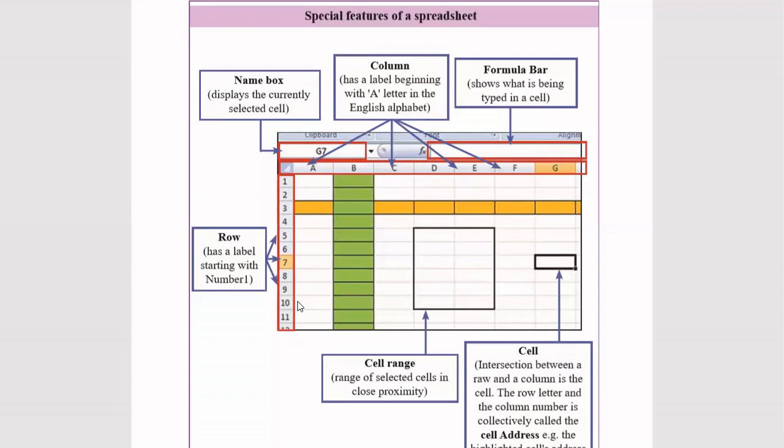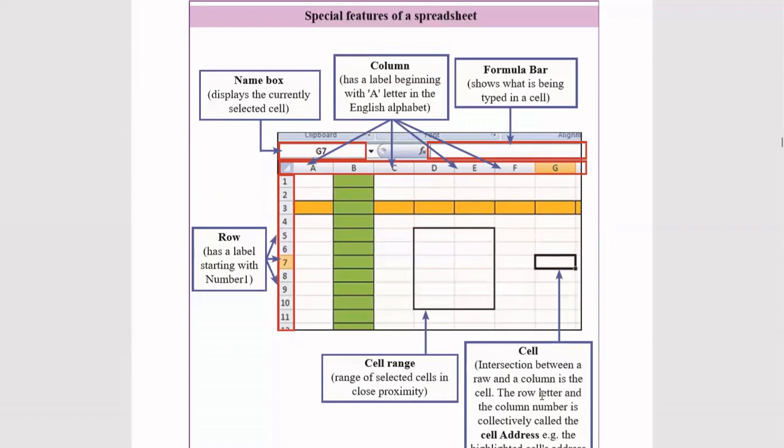You have numbers. So a cell is where a row and a column intersect, right? So the intersection between a row and a column, we call it a cell. So for a cell, there will be a row number and a column letter. So in your textbook, there is a mistake here. Few mistakes are there. One thing is the spelling of row is wrong, and they are saying the row letter.